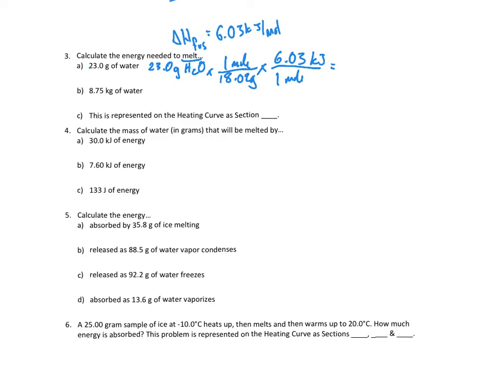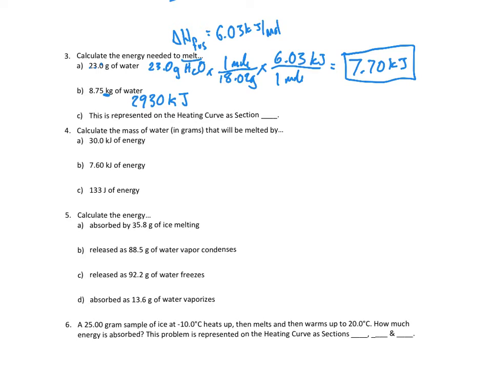I have 3 sig figs, so that would be 7.70 kilojoules. So if you do the next one, you should get 2,930 kilojoules. And again, the reason that number is so big is because that is in kilograms.